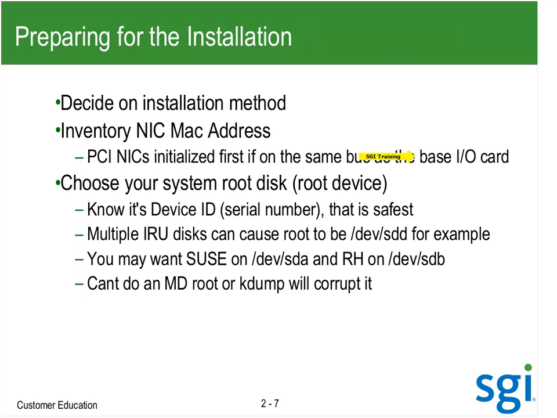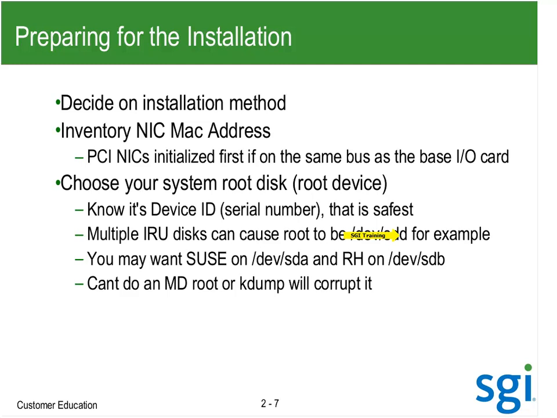I also want to make sure I choose the proper root disk. So I want to know its serial number, its ID, its device ID. Multiple IRU disks can cause root to be a different number. So if I have 4 base IOs and I come up as a single system, my first base IO might actually be sdd instead of sda.